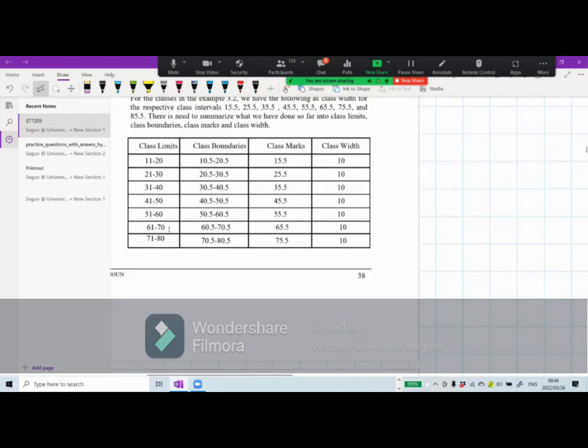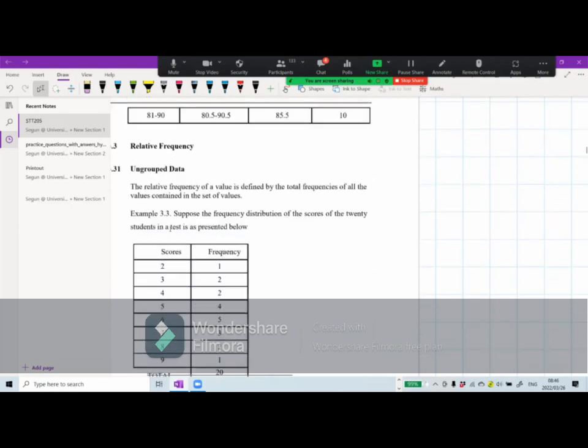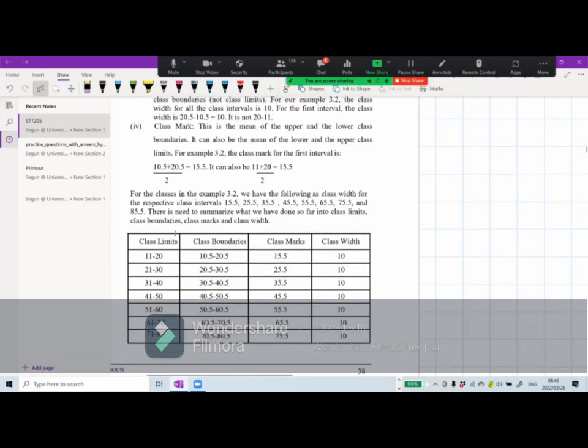If you add the two together, what do you have here? It's 31. 31 divided by 2 is 15.5. That is what they have. Then 10.5 plus 20.5 is 31, divided by 2, is 15.5.